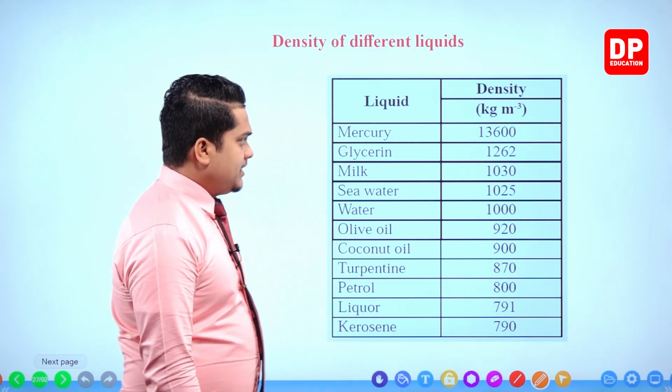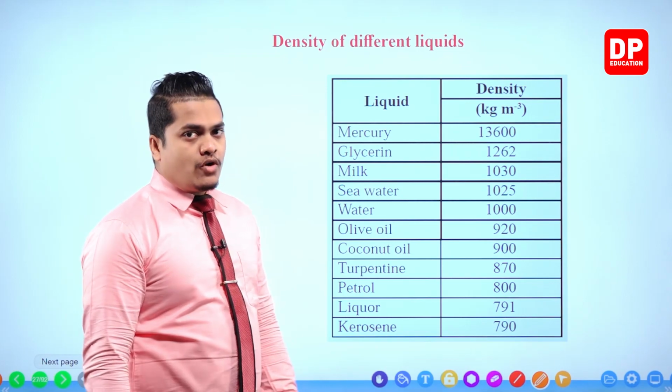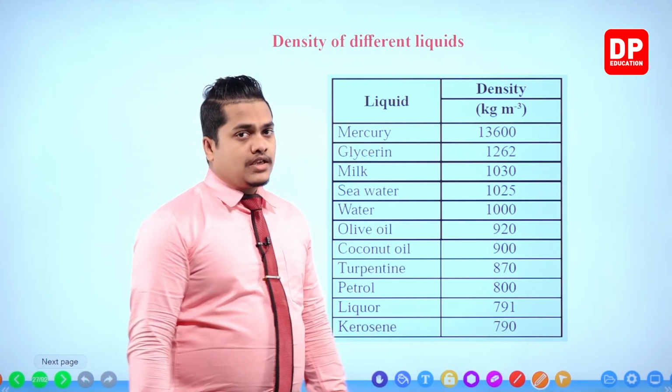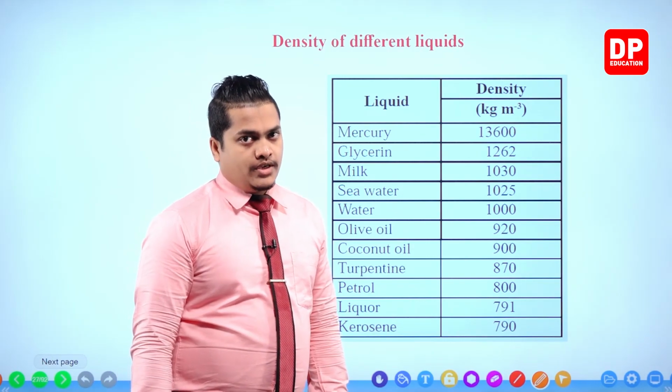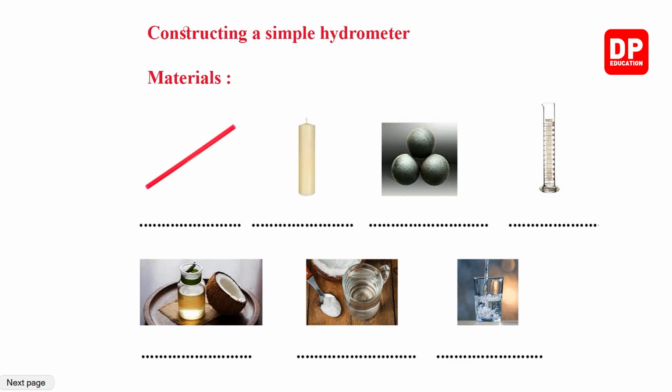As you can see here, mercury has the highest density of them all, 13,600 kilograms per cubic meter. Like I said, my dear children, we can even make toy hydrometers.